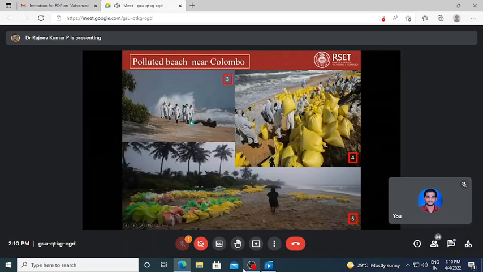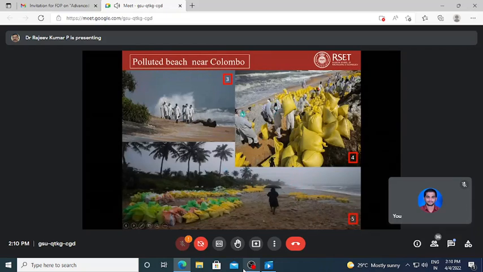So you can see here, specially dressed people were collecting the waste, and it is kept in bags across the beach in Colombo.